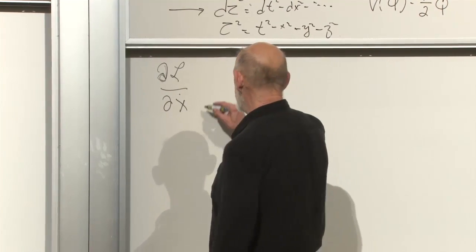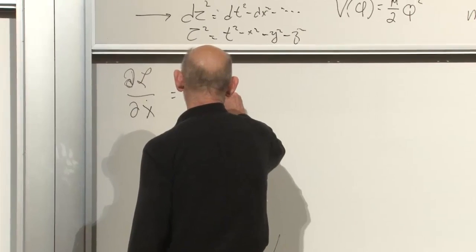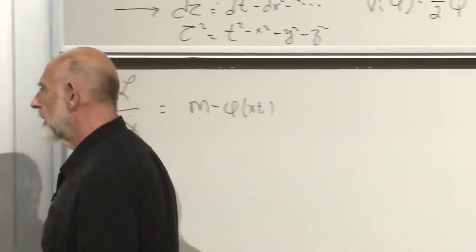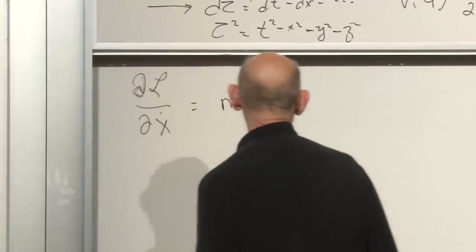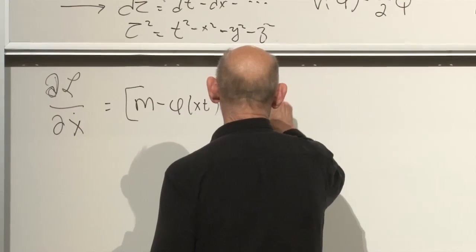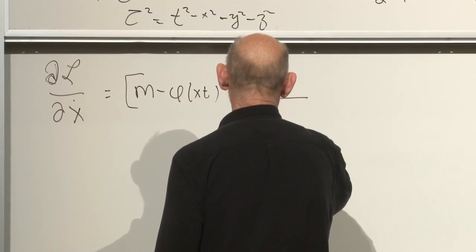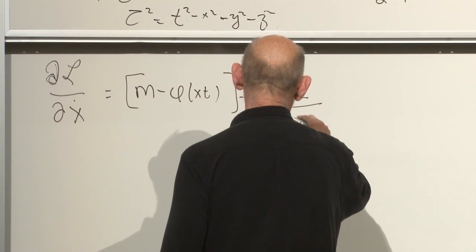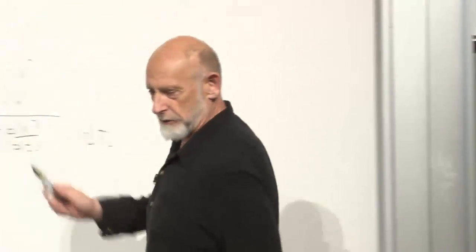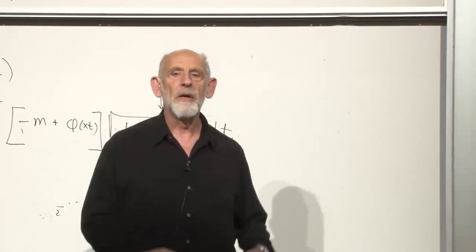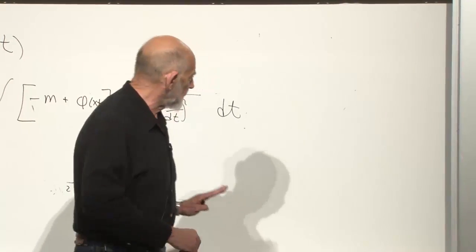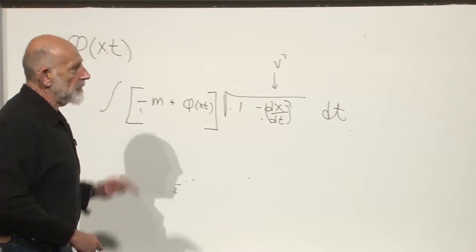That is m minus phi of x and t times x dot over the square root of 1 minus x dot squared. I'm doing this as if there was only one direction of space. We'll make it simple. We'll make it a problem in which a particle moves in only one direction, namely the x direction. Let's keep y and z out of it.